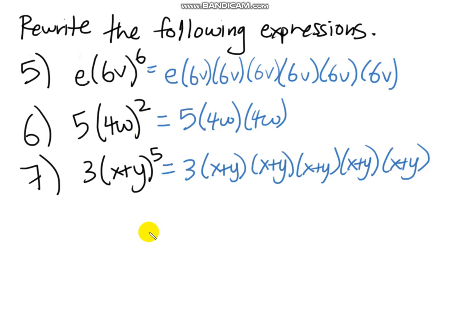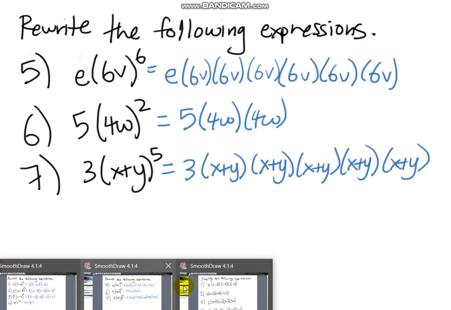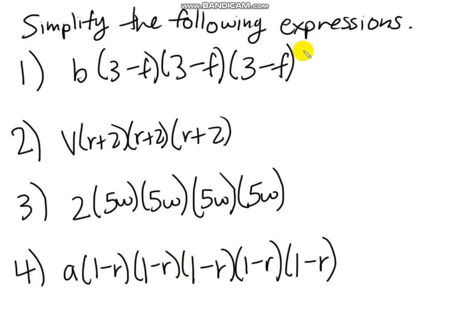Now, let's say I asked you to go the opposite way. So the opposite way is, what if I gave you something like this and I told you to simplify it? Okay, so that would be the next example here. So let's say I wanted to simplify the following expressions.